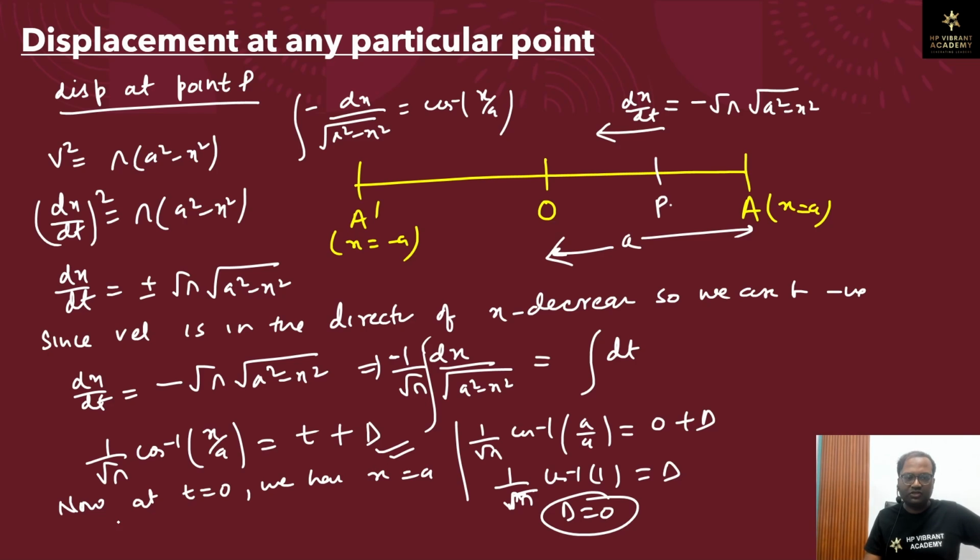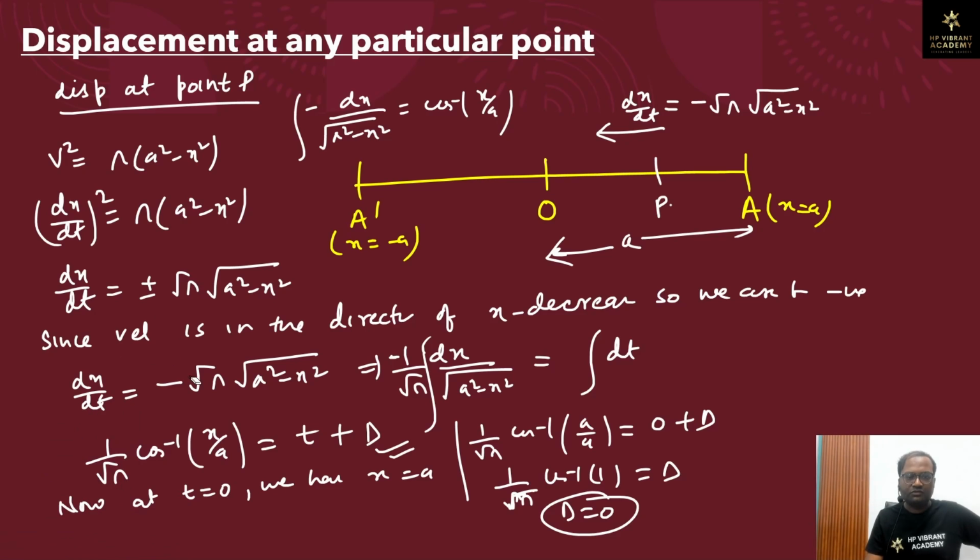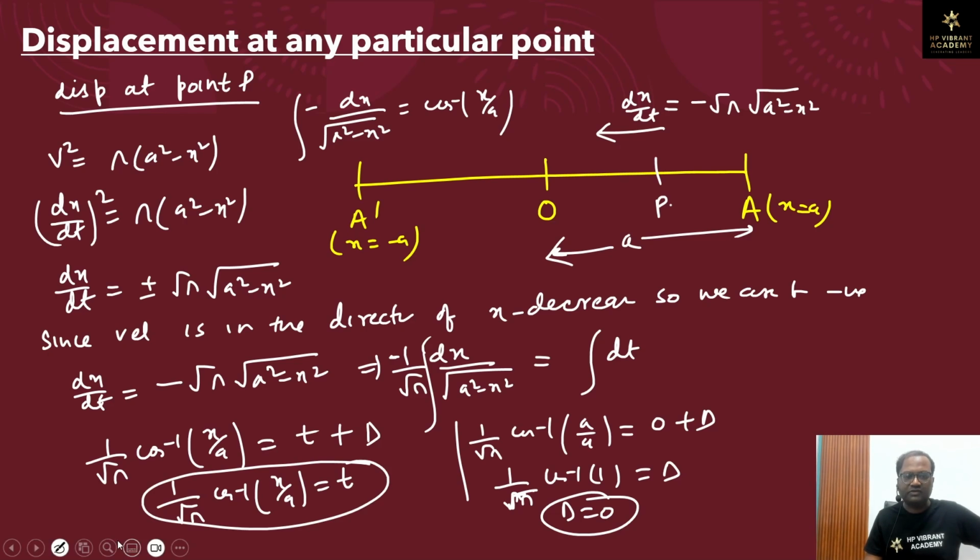So this equation becomes, putting d equal to 0, 1 upon root mu cos inverse of x upon a is equal to t. Let us further simplify this.